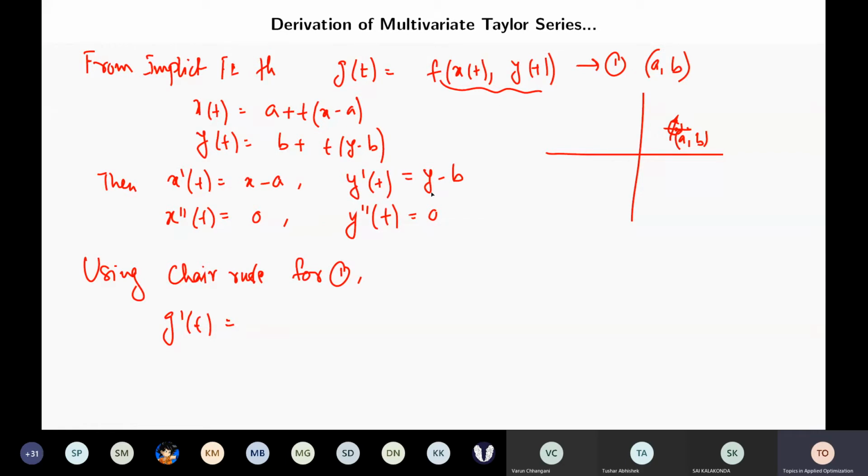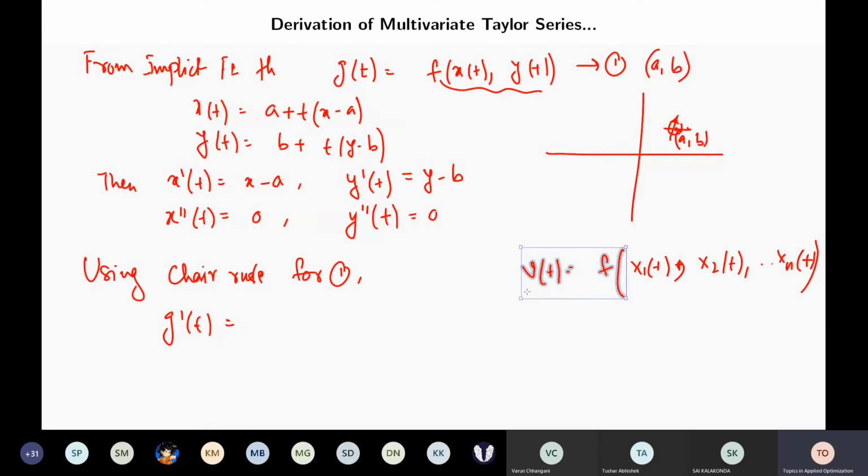Let me recall a little bit a general form of this. Let us say I define a function v(t) is f of x1(t), x2(t), ..., xn(t).